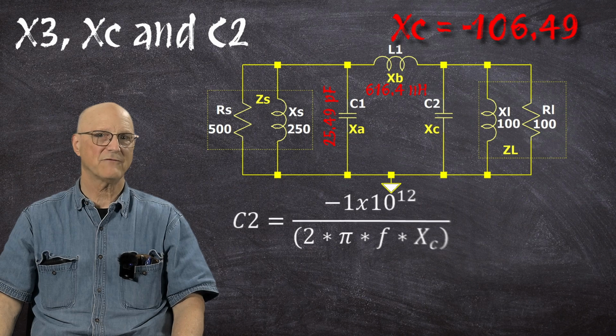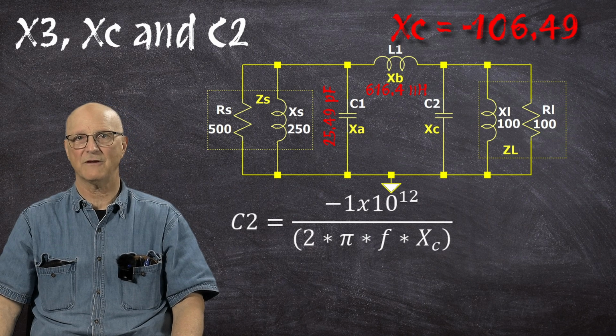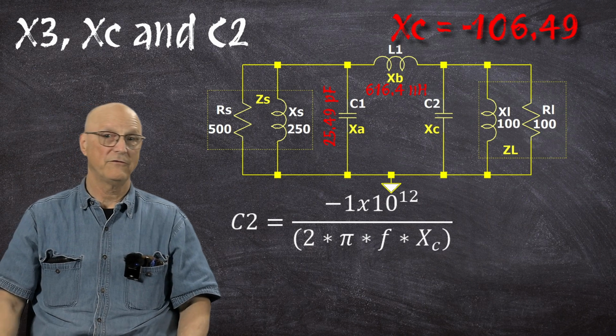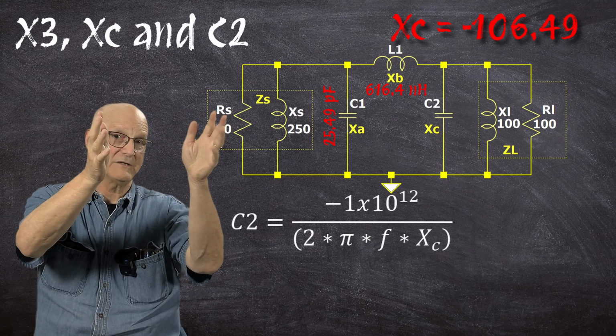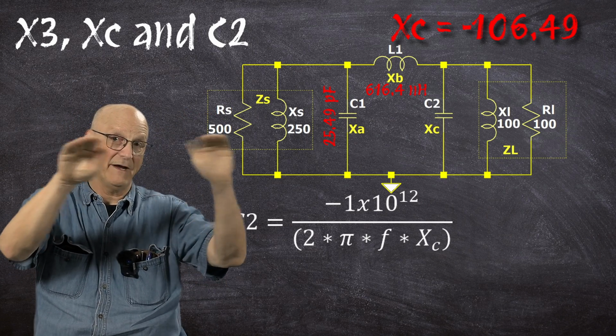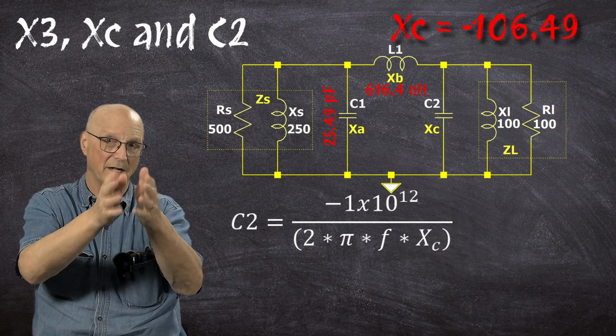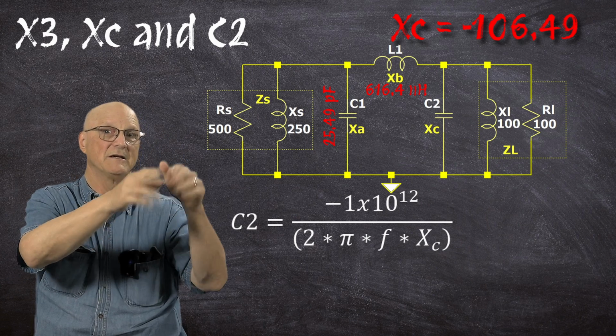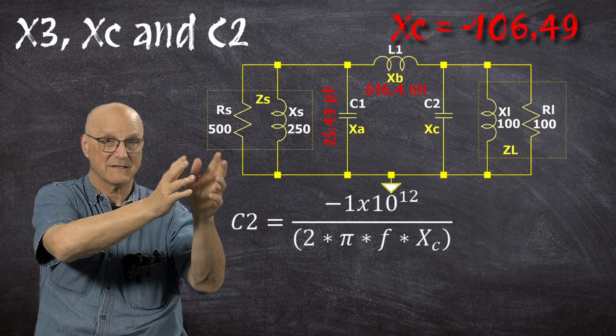Therefore, we use this formula to calculate the capacitance in picofarads. C2 is equal to minus 1 times 10 to the 12th divided by 2 times pi times the frequency in hertz times the capacitive reactance XC.